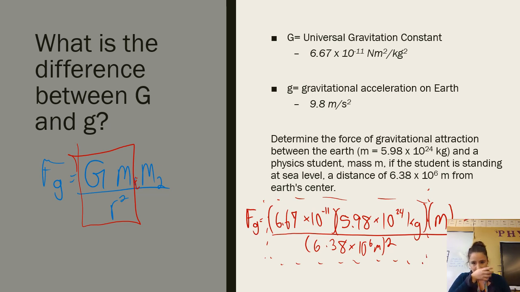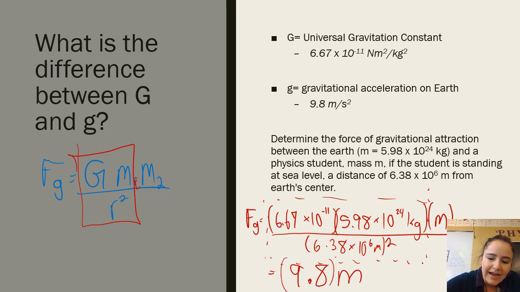And when I do that, I get 9.799, aka 9.8 times m. Does that equation look familiar?